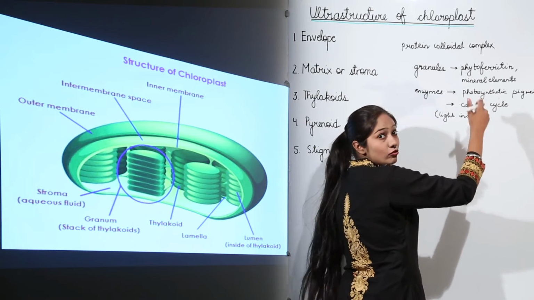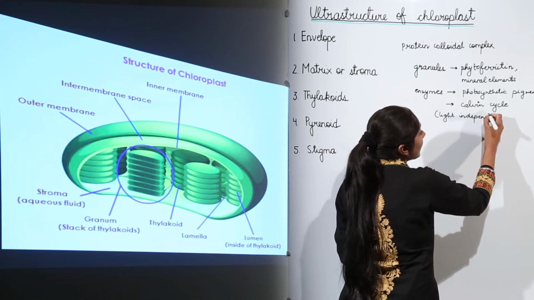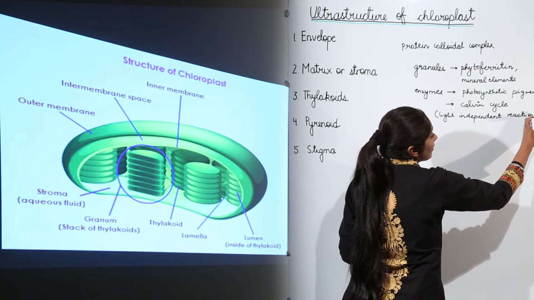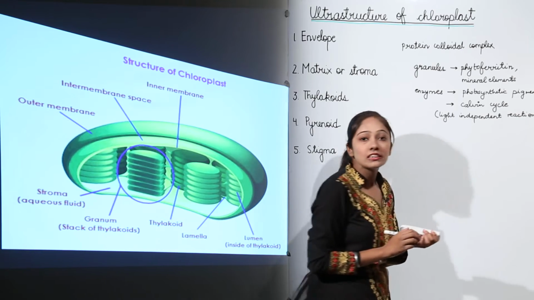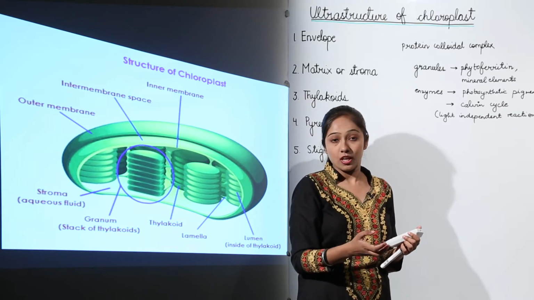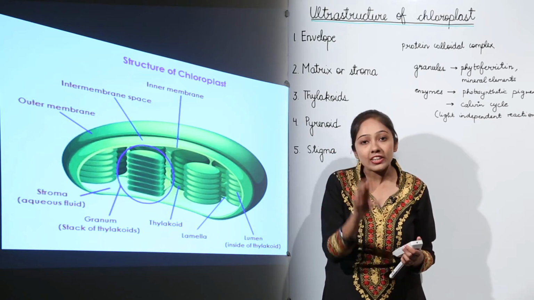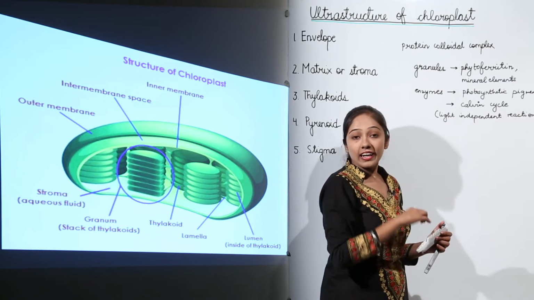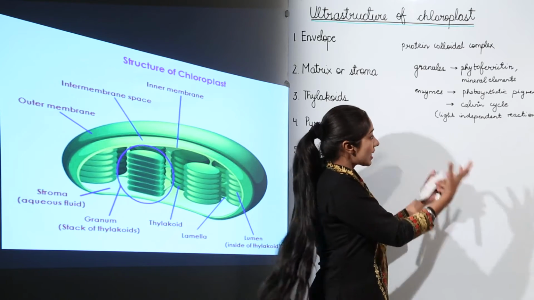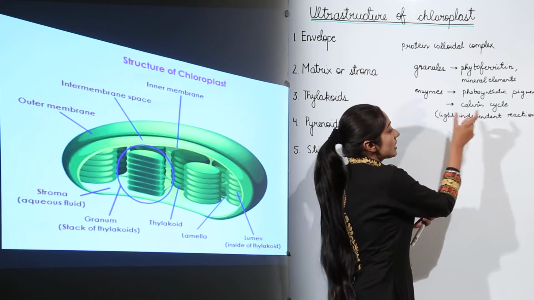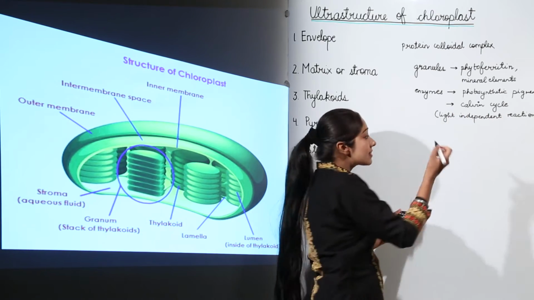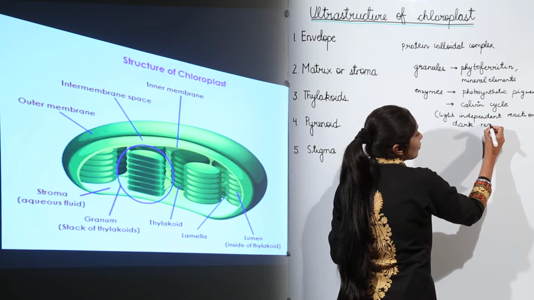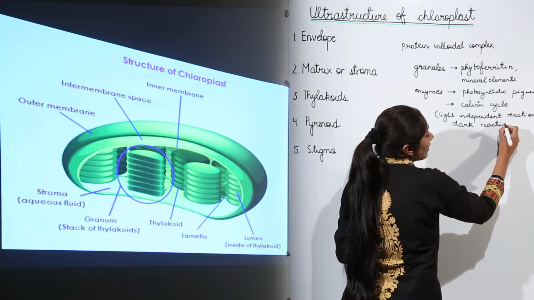It means food is going to be manufactured in the plant independent of light. This reaction we call the light independent reaction, and sometimes it is also called the dark reaction.